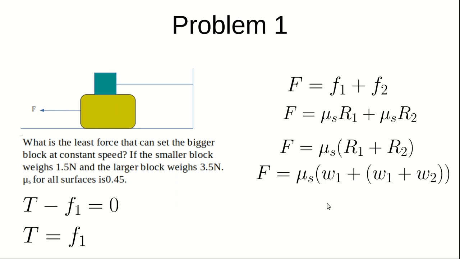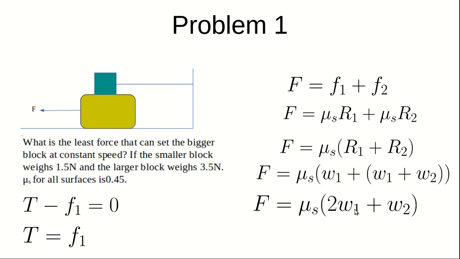So R1 becomes W1, and R2 is a combination of W1 and W2, right? If you combine these two, you have mu s times (2W1 plus W2). Since we are asked to find the least force needed to set this system at a constant speed, our F is to be determined.